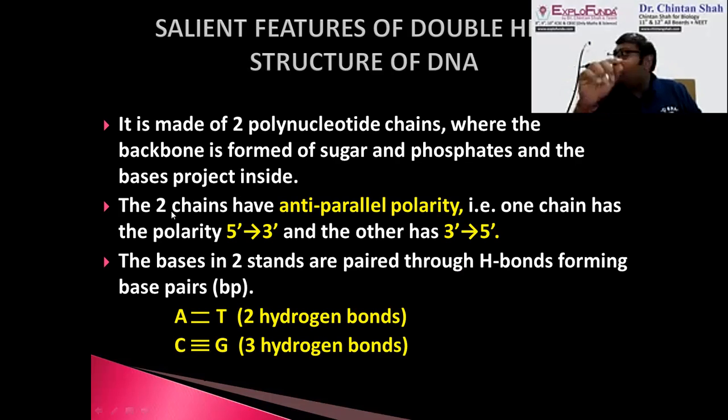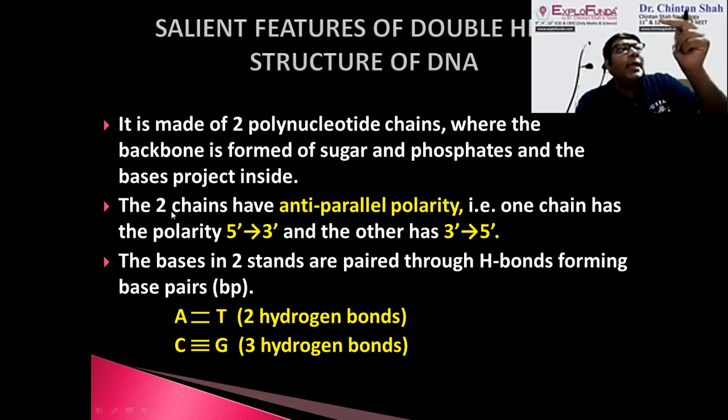So now we got it. What do you mean by anti-parallel? Parallel means they are not intersecting with each other. That is clear. One is moving 5 prime to 3 prime, so the first nucleotide's fifth carbon is combined with the next nucleotide's third carbon via a phosphodiester bond. And on the opposite side, the first nucleotide's third carbon is combined with the next nucleotide's fifth carbon.